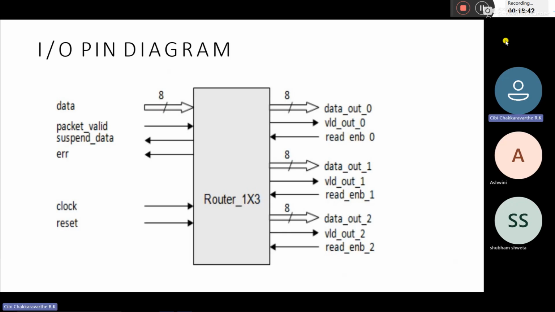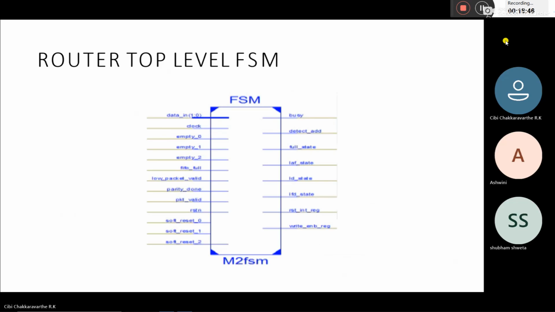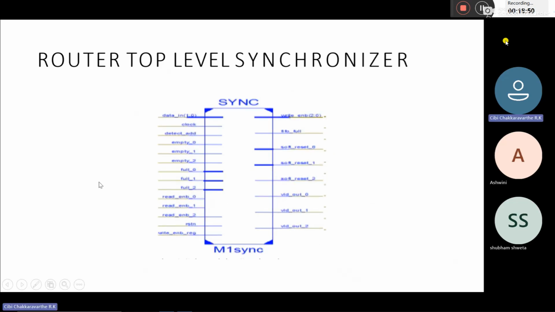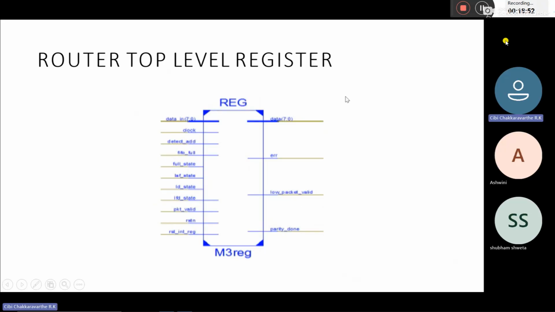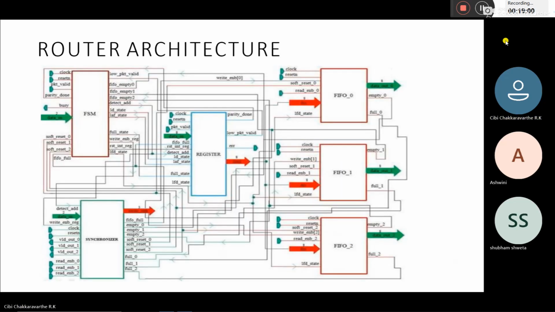Then as I told you before, there is a low packet valid. See here, in the FSM we have low packet valid, and in the register also we have low packet valid. But here you should notice one thing. In the register, let's go to this architecture. See here, there is a register, and the second signal is low packet valid.